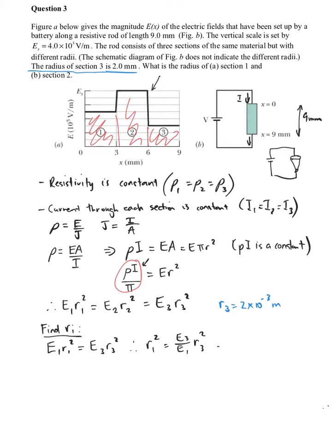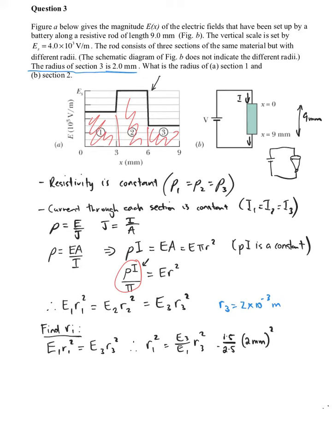E3 is basically 1.5 and E1 is 2.5 if you look at the graph. And R3 squared is just 2 millimeters squared. We can just leave this in millimeters for now. It might make things a bit easier.